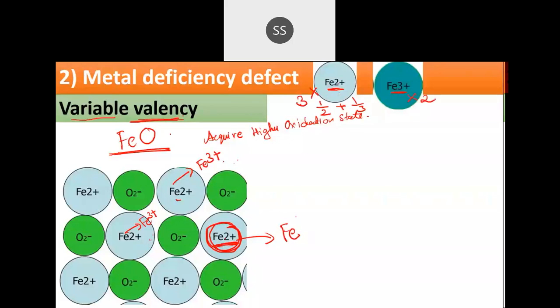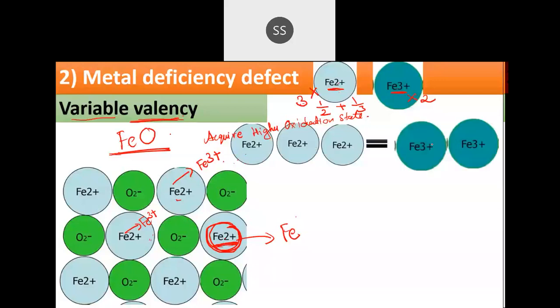So if you have 3 Fe2+, that will become equal to 2 Fe3+. So 3 Fe2+ taken together have charge equal to 2 Fe3+. That is what is happening here.